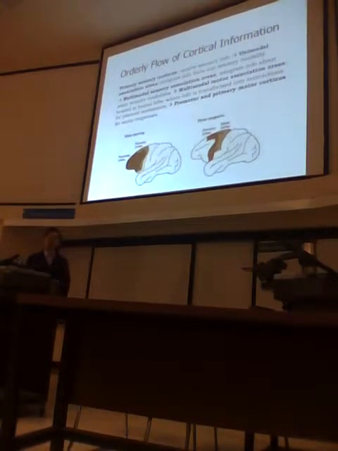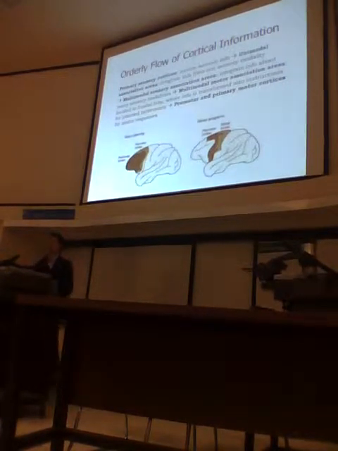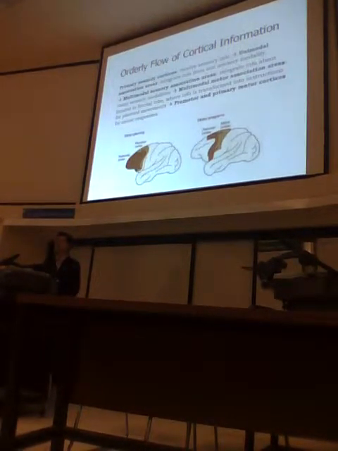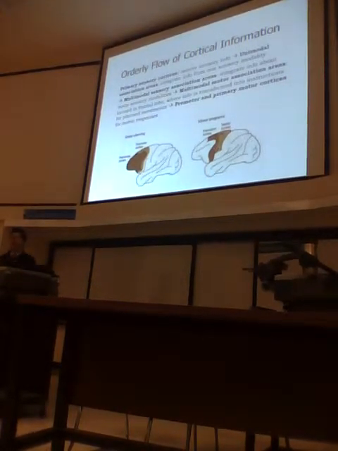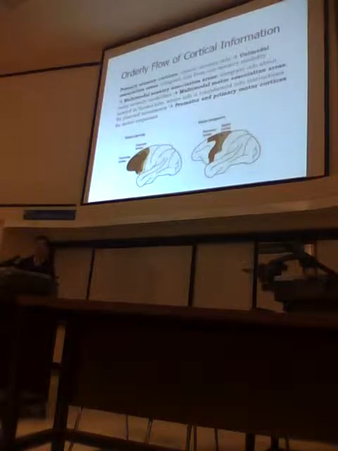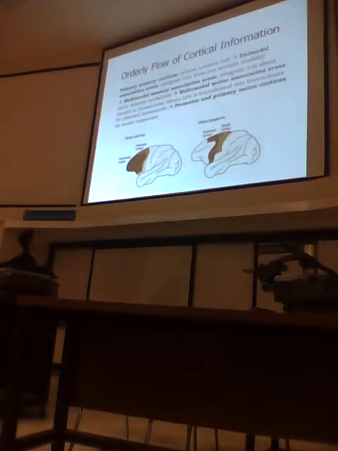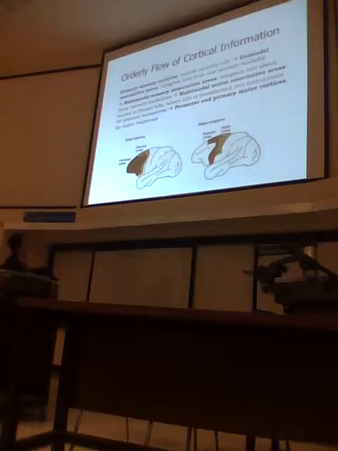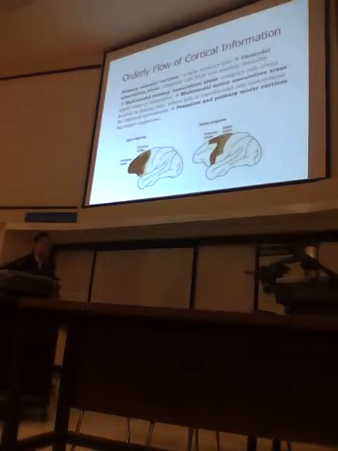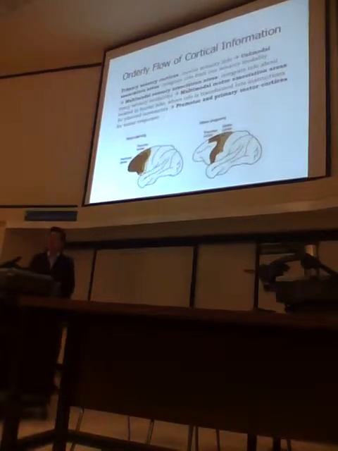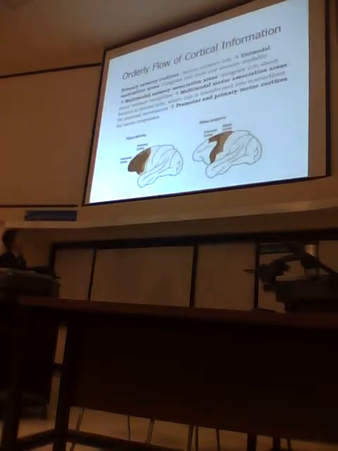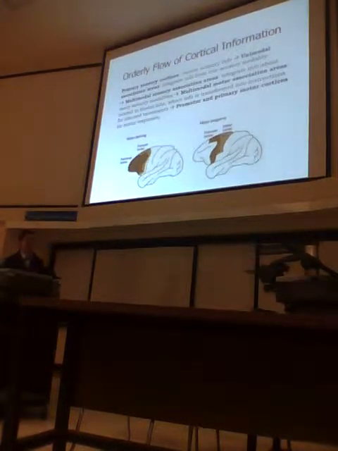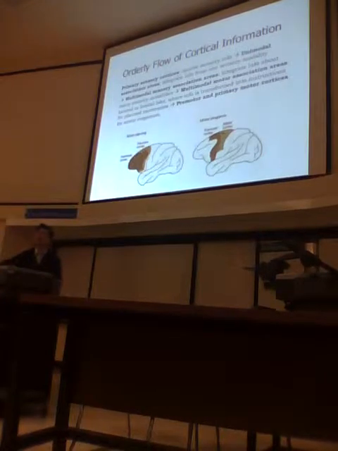And it's the primary motor cortex that is responsible for initiating voluntary movements, such as reaching out for an object. So you have this systematic hierarchy moving from primary sensory areas in the posterior regions forward to unimodal, multimodal sensory, multimodal motor association areas, and finally primary motor cortex through premotor cortex.